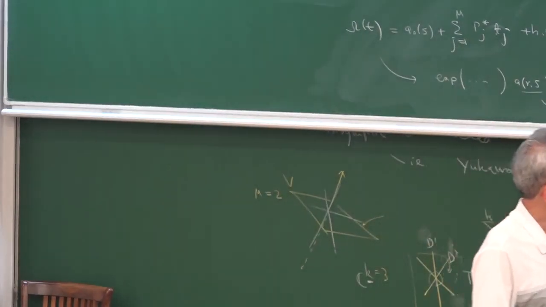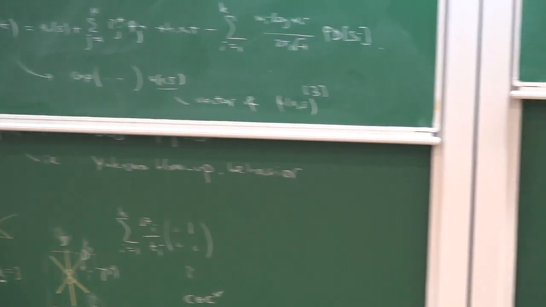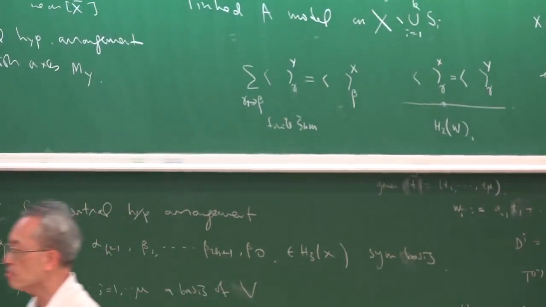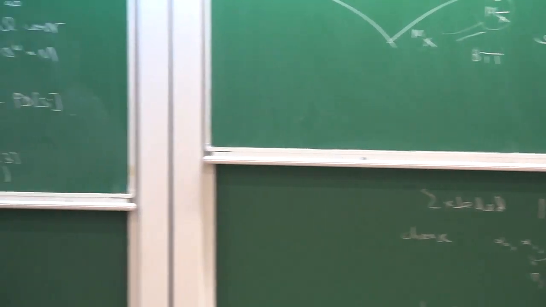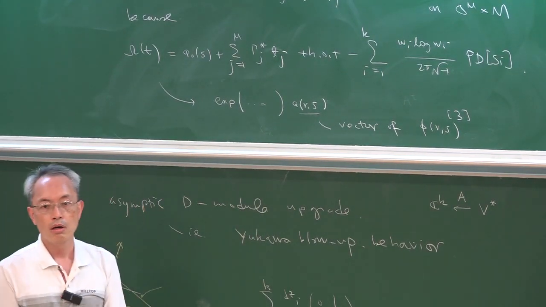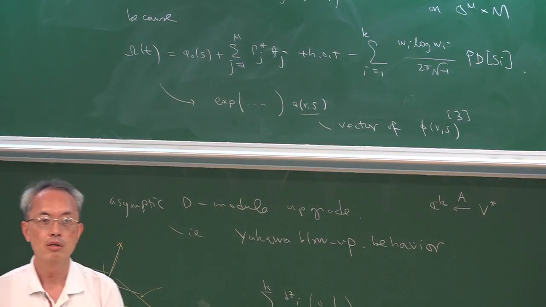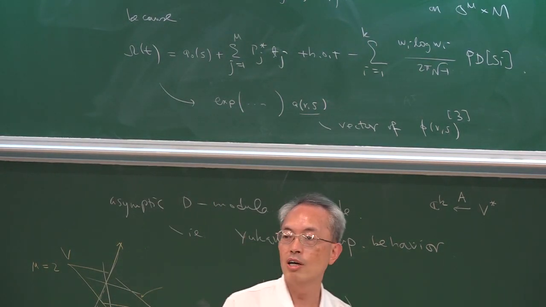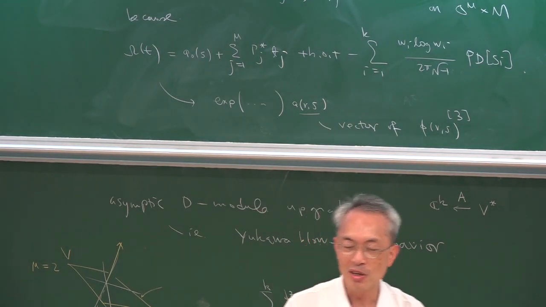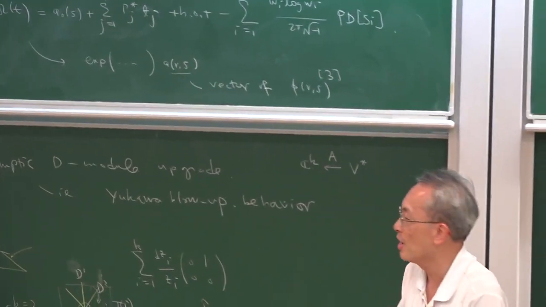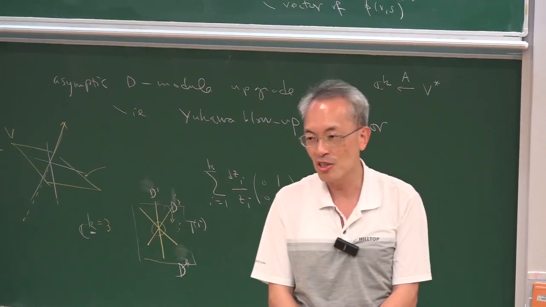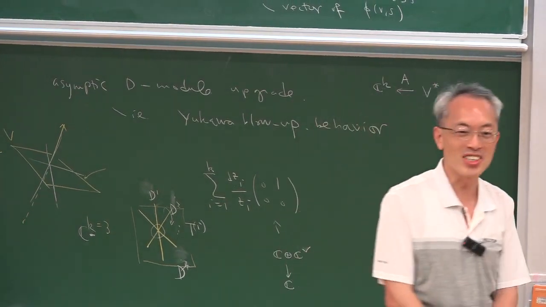So now I want to go back to the A side. And the trouble is we simply don't have anything like that in the A model. Of course, you think about that, then you will say, okay, what's this theory? Isn't that just given by the J function? That looks completely the same thing.